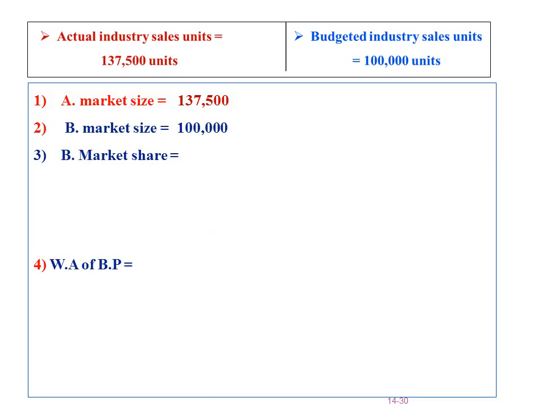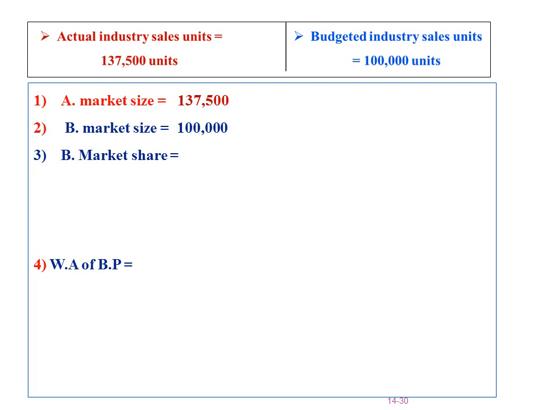These are my 4 amounts to calculate my variance. At the top of this slide, part of the given information, actual industry is my actual market size, 137,500. Budgeted market size, budgeted industry sales units, is 100,000. So 1 and 2 are given, but what about 3?